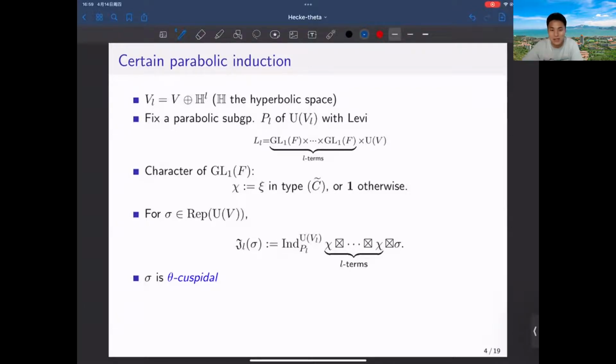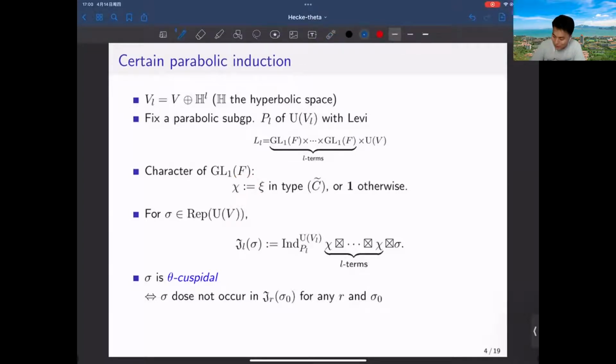The reason is that its behavior is very similar to the cuspidal representation under theta correspondence. Which means that basically its cuspidal support does not contain this character chi.